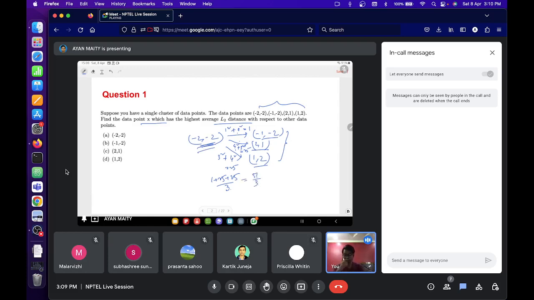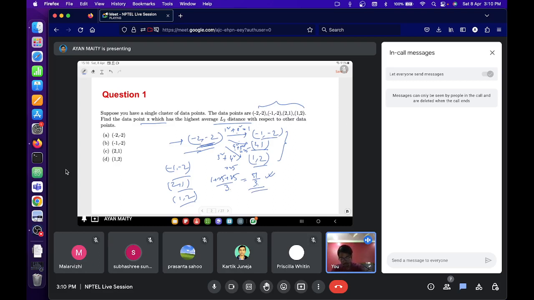So similarly you have to find out these average distances for each of these points. I have just computed for minus 2, minus 2, and now you have to do the same for minus 1, minus 2, then 2, 1 and then 1, 2. For all these 3 points you have to repeat the same process, and then calculate the average L2 distance, and find out the highest average L2 distance.